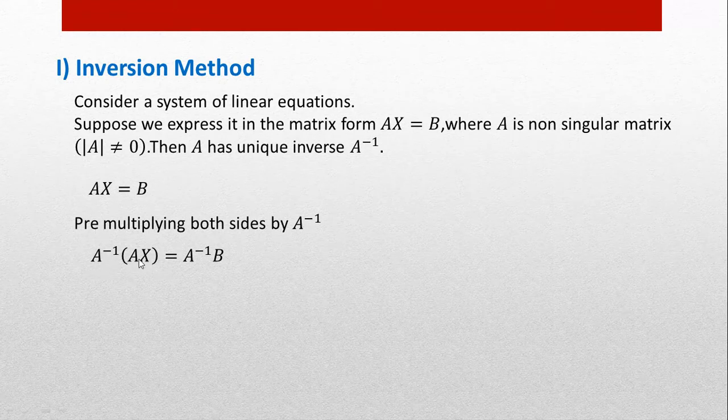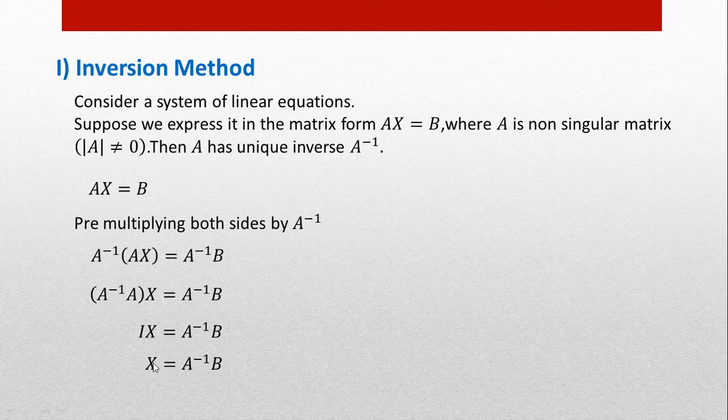So A inverse into Ax is equal to, on the right hand side, A inverse into B. Now you can write here bracket A inverse into A into X, by associative property, is equal to A inverse B. Now we know that as the inverse exists, A inverse into A is equal to I. So this can be written as IX is equal to A inverse into B, and hence we get this relation, that is X is equal to A inverse into B.